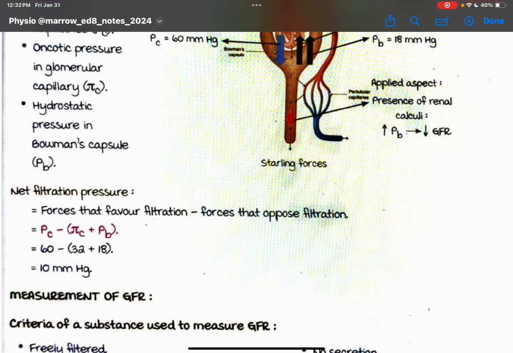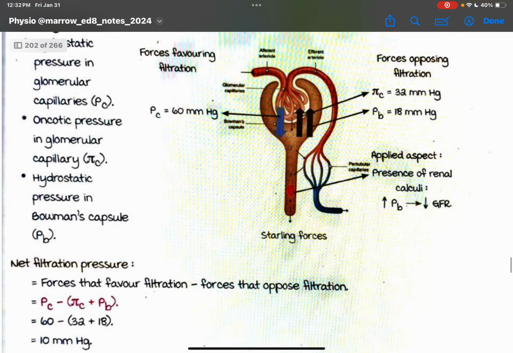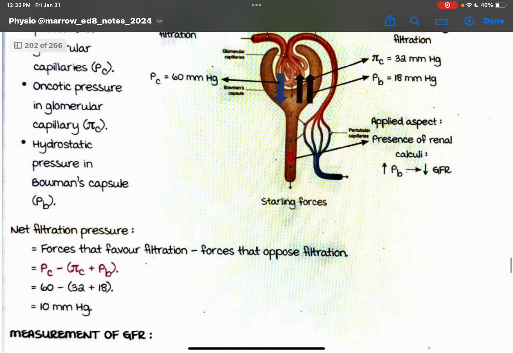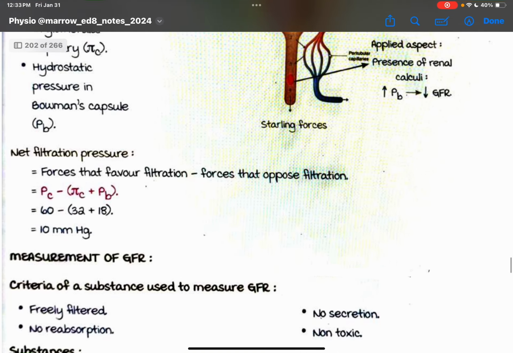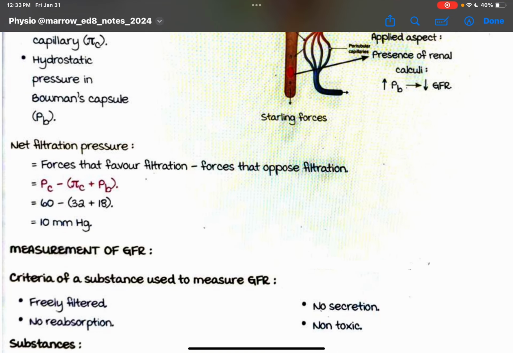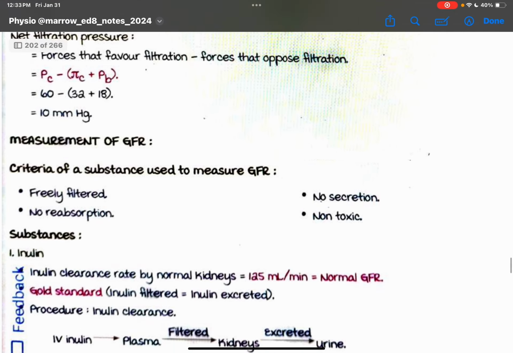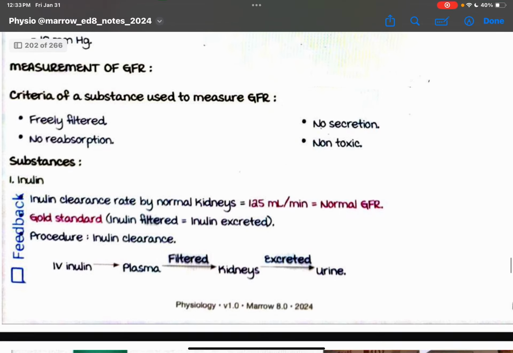That is the hydrostatic pressure in the glomerular capillaries minus the sum of the hydrostatic pressure in Bowman's capsule and the oncotic pressure in the glomerular capillary. So 60 minus 32 plus 18 is 10 mmHg. So the net filtration pressure is 10 mmHg.